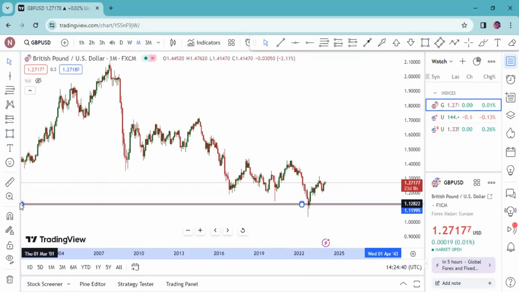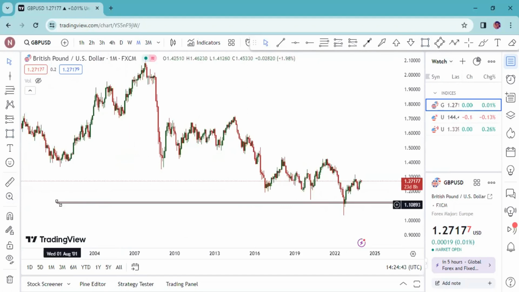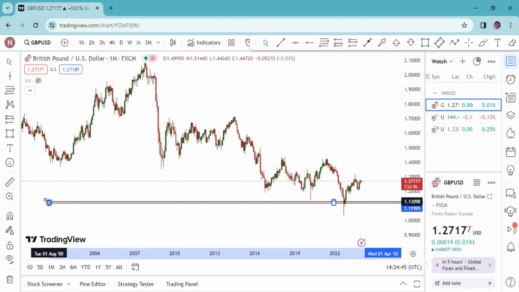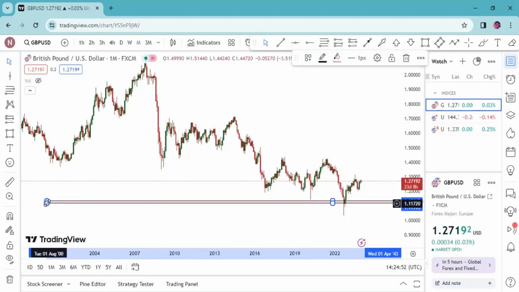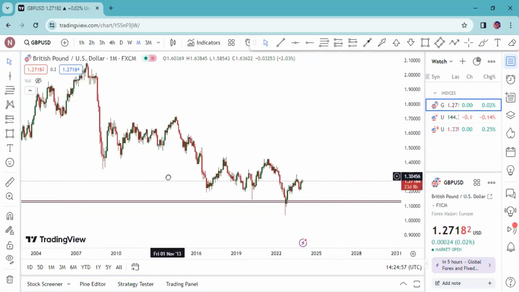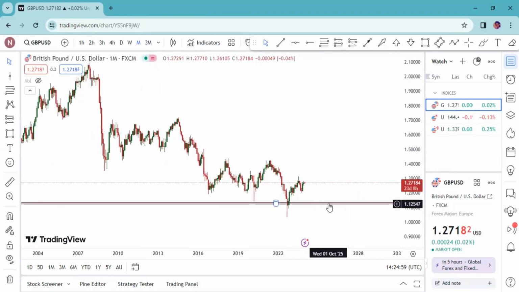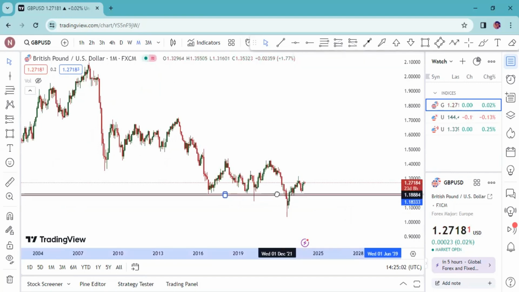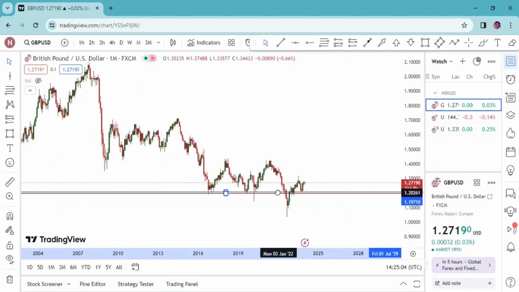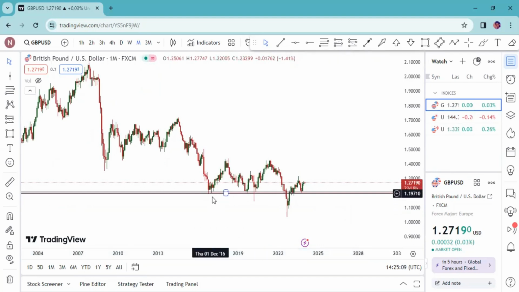It's a kind of level. Yeah, I like that one. My first level is going to be here. Why? The market respected here, here, here, here, and here.